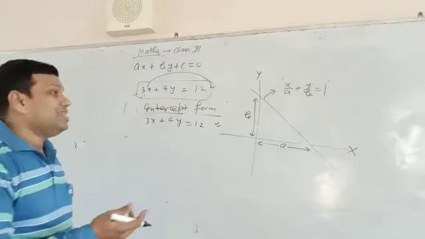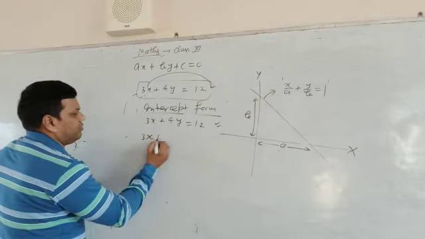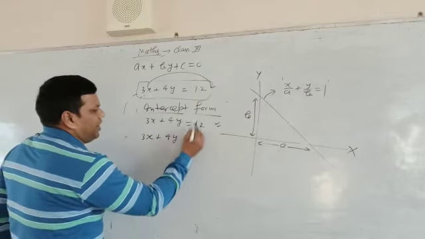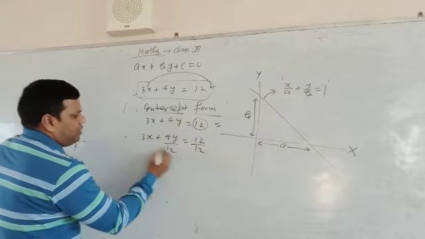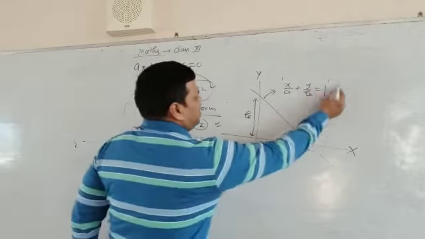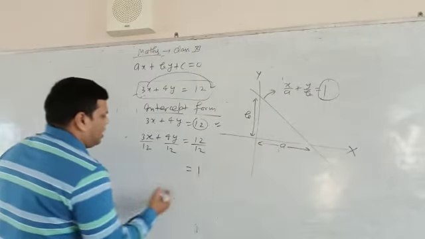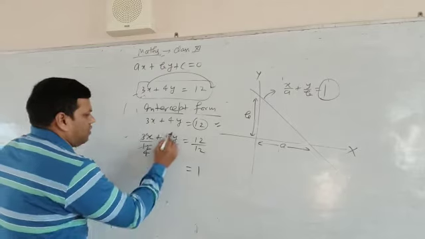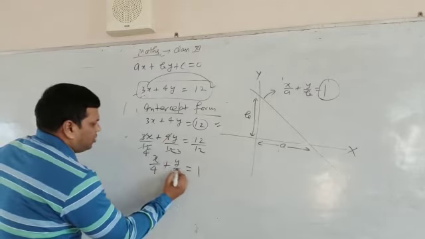So how do we change the same question into this form? For that we have to divide this whole equation by 12, because we want to make the right side 1. 3 4s are 12, 4 3s are 12, so we get x upon 4 plus y upon 3.